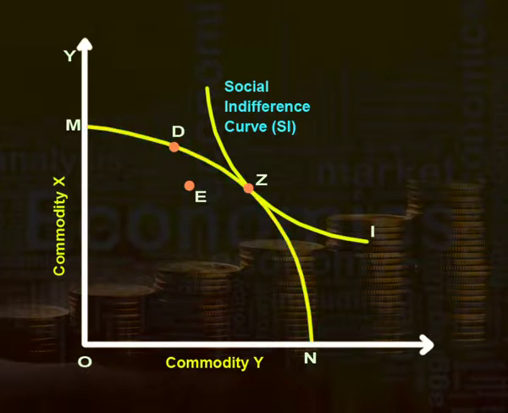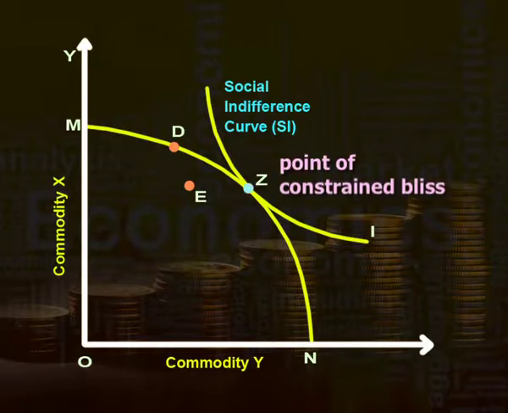Each point on this curve represents an efficient allocation of resources, that is, it is Pareto efficient in factor allocation, production efficient and also consumption efficient. Thus, point Z is the point where MRT is equal to MRS. To understand welfare maximization, here in this figure we can see the social indifference curve is tangent to the grand utility frontier at point Z. This point, as discussed earlier, is the point of constrained bliss.